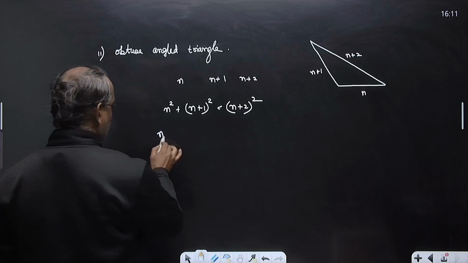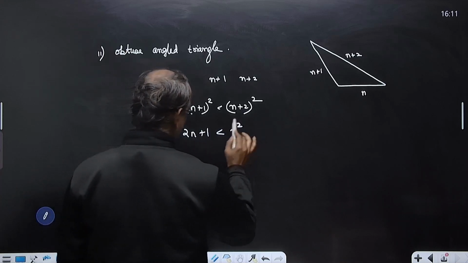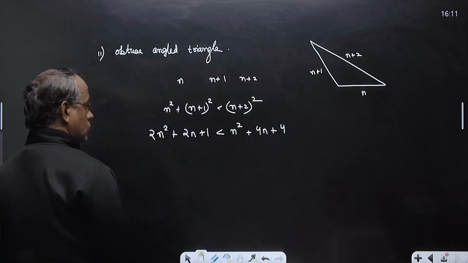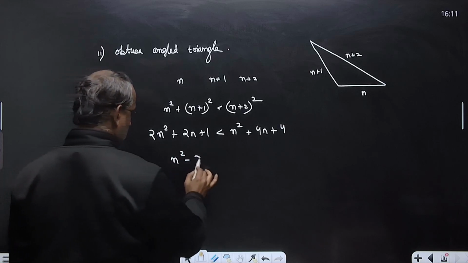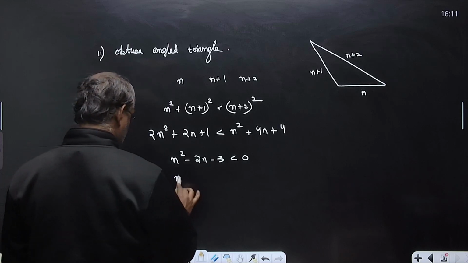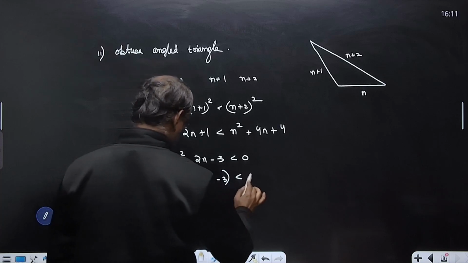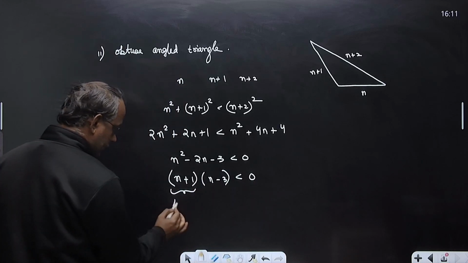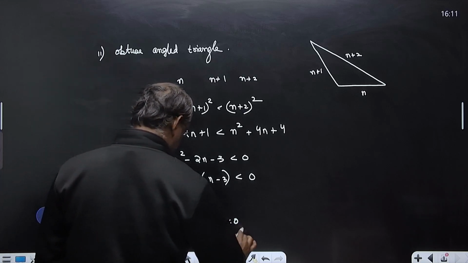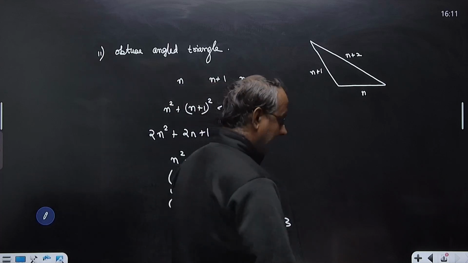Okay. So, what do you get? So, you have n square minus 2n minus 3 less than 0, that is n minus 3 times n plus 1 is less than 0. So n plus 1 is always positive. So, n minus 3 is less than 0, that is n is less than 3.